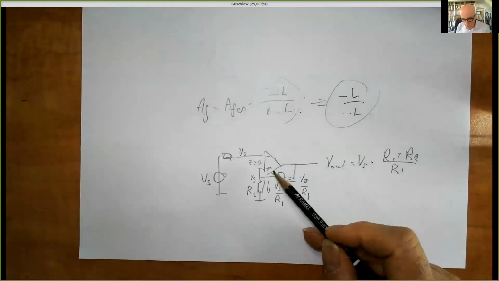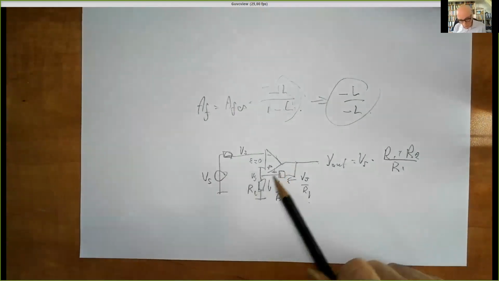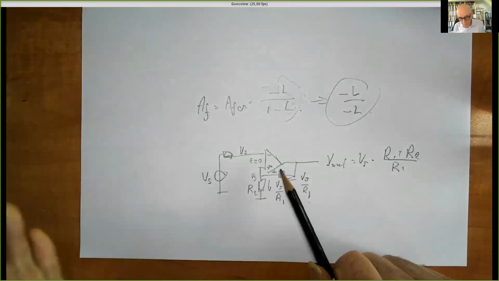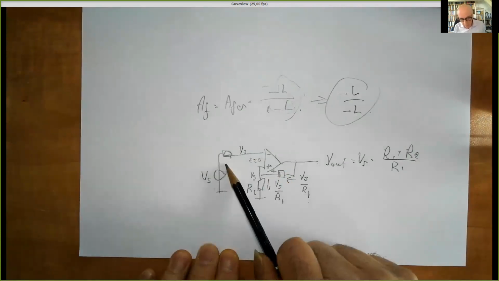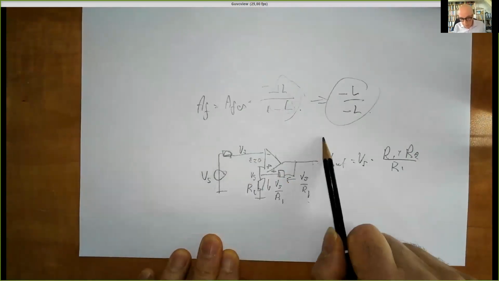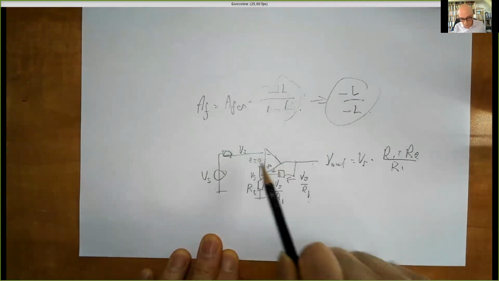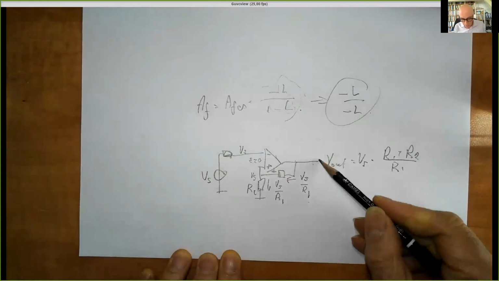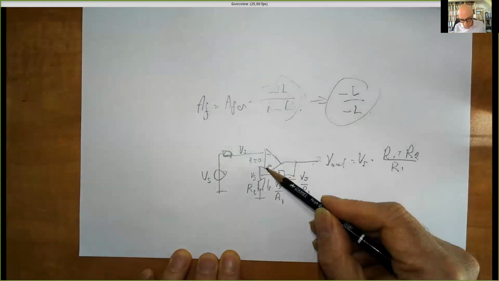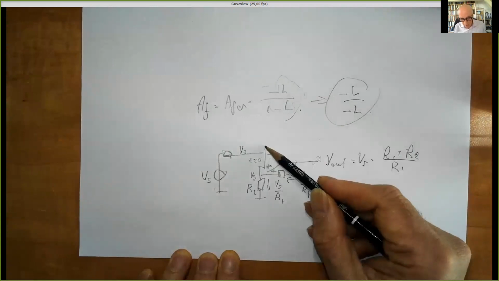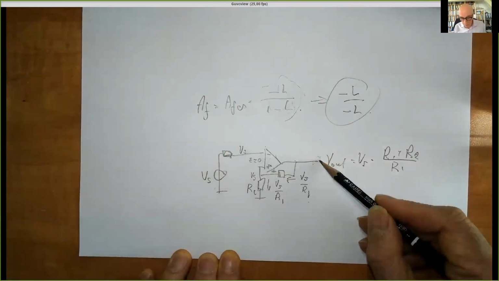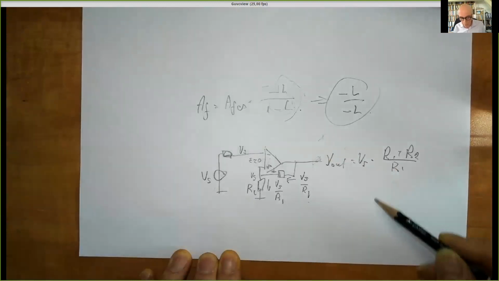But this is not stable, which means that if you would build this in practice and you would apply a voltage, then the output will clip, because a positive output voltage here generates a positive error signal, which generates again more positive voltage, so it will clip at the output.